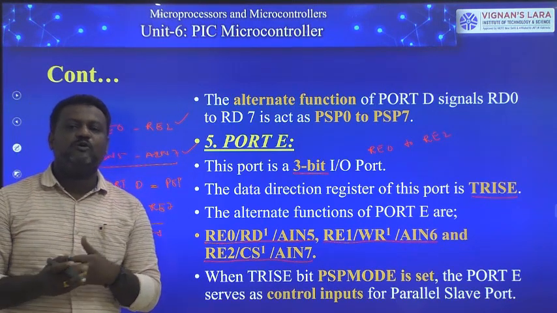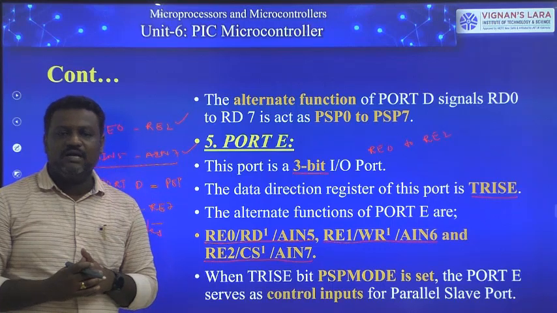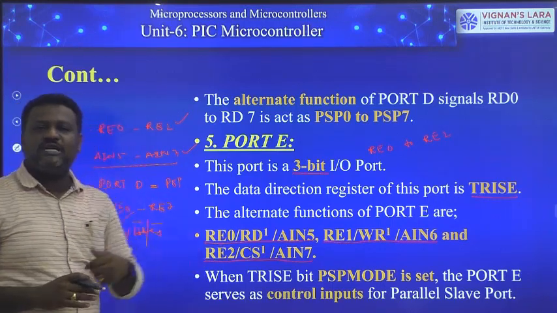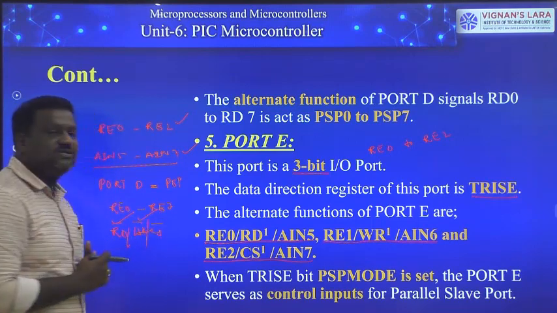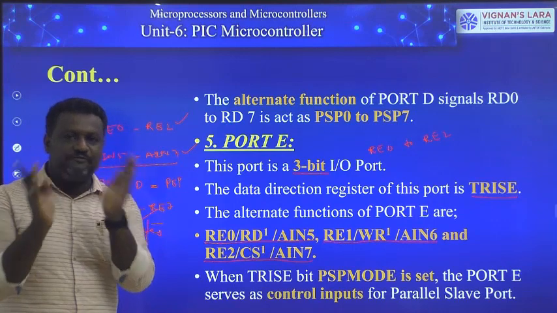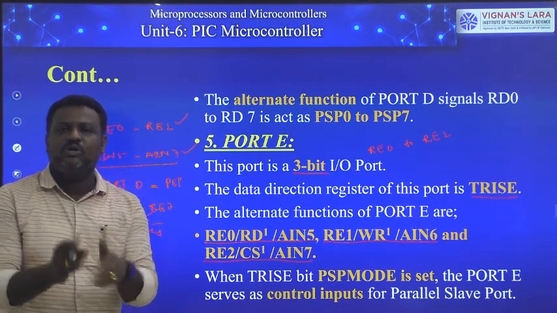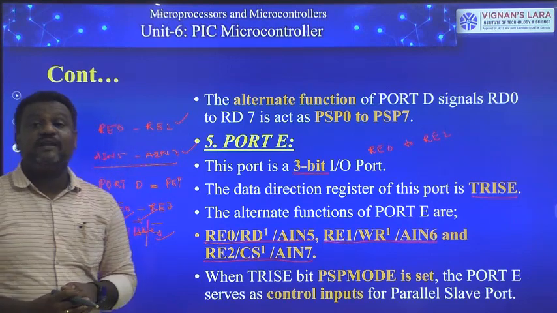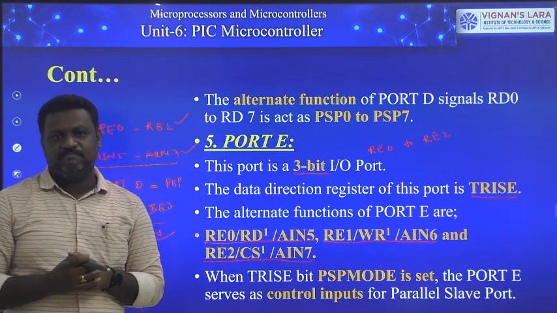On the parallel slave port, I can do either a read operation, at which time this signal is activated, or a write operation, at which time that one is activated. Whenever I want to do either read or write, first of all the port must be active or selected. That is done with the help of the chip select signal CS bar.